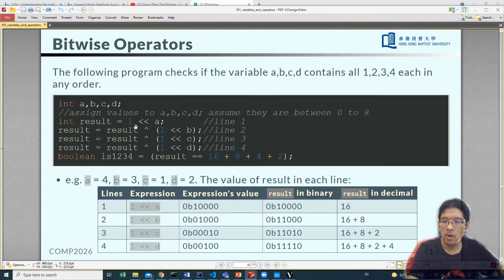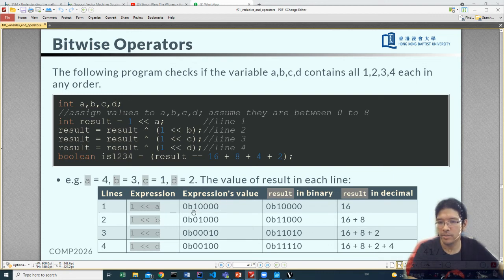Result equals 1, and then left shift A. Now, what does that mean? That means that I'm going to shift 1 by the amount of A number of bits. And assume A, B, C, D take the values from 0 to A. So effectively this is multiplied by 2 to the power A. Now, assume the value of A is 4, so effectively this left shift A will have the value here.